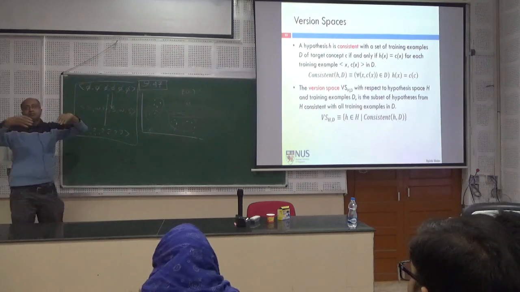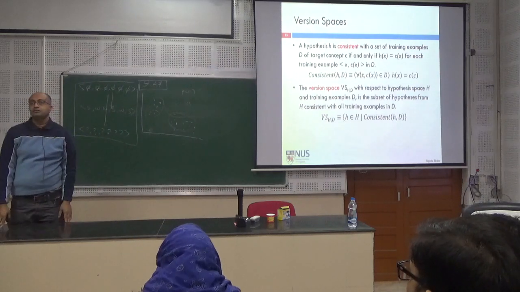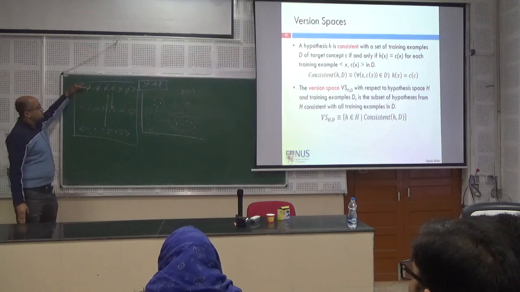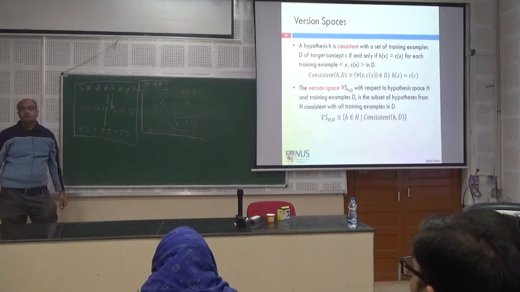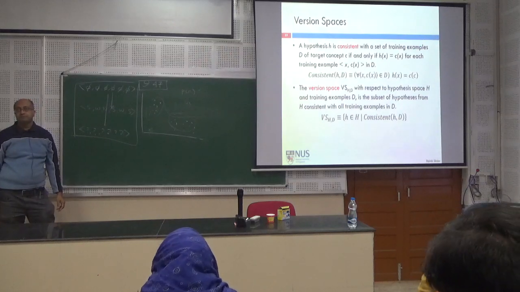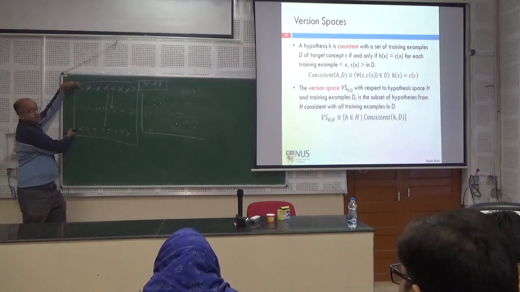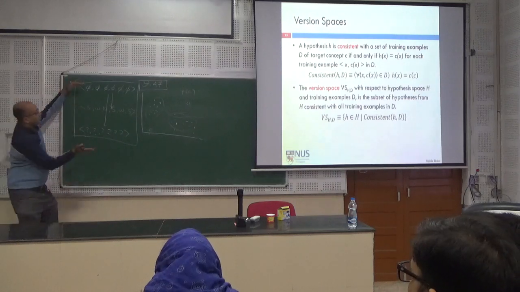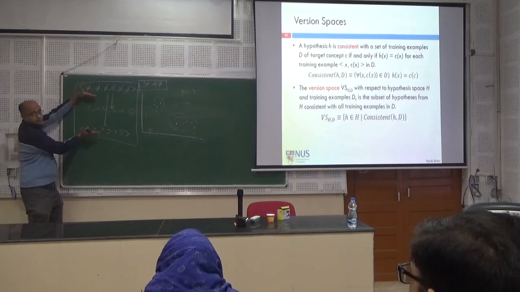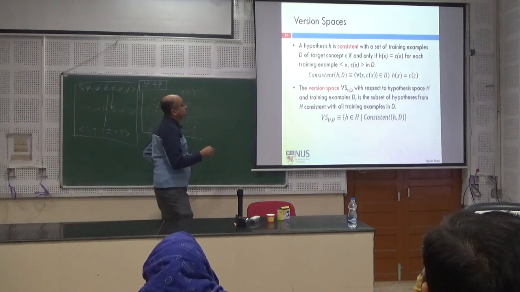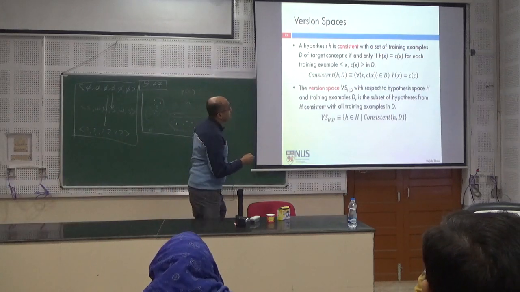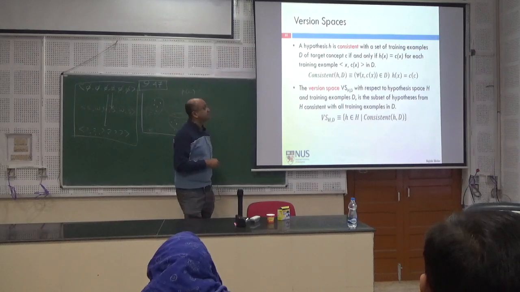So I look at, after training so much, what is my most specific, what is my most general? Anything in between is my version space. So in this case, everything is there, but as we keep learning, hopefully my version space will shrink. That's the idea. So in order to formally define that, what we say is a hypothesis is consistent with its set of training samples, right?